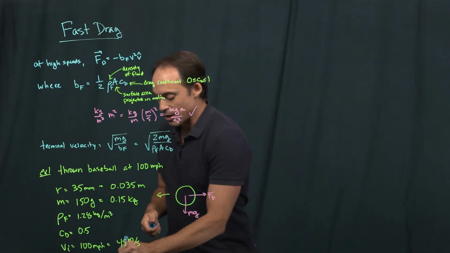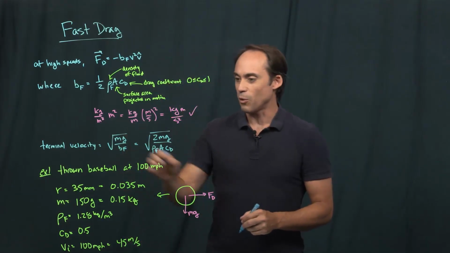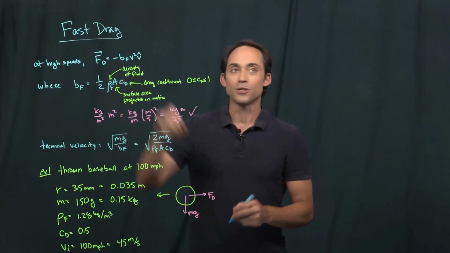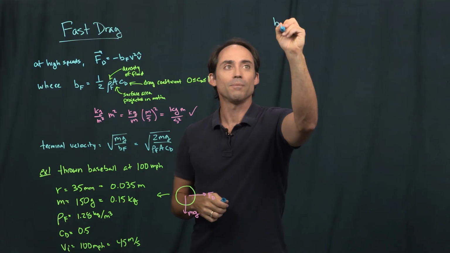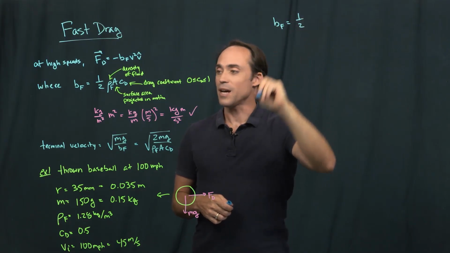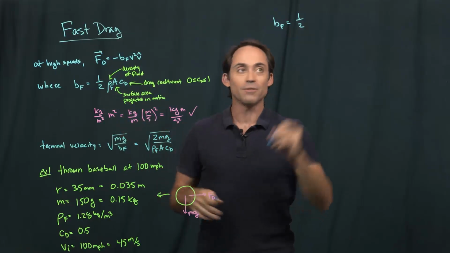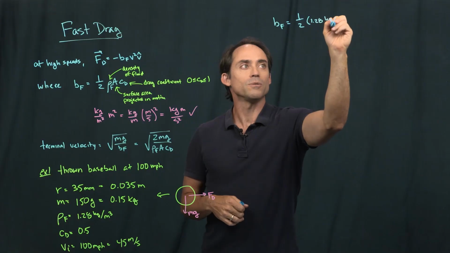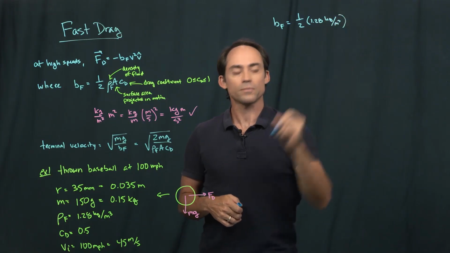And that's just a matter of putting in our expression here for our drag coefficient, our fast drag coefficient. All right, BF is just equal to 1/2 times the density of the fluid, which is 1.28 kilograms per meter cubed.